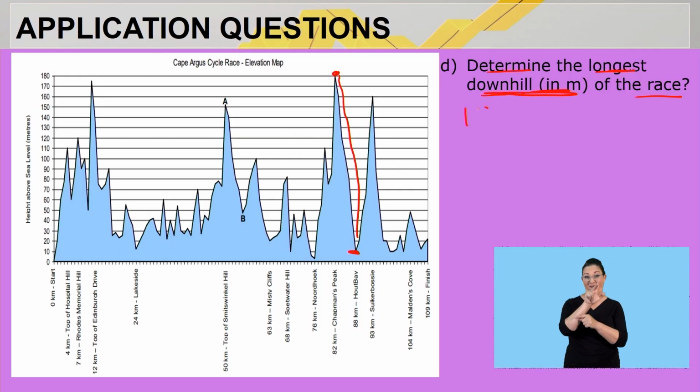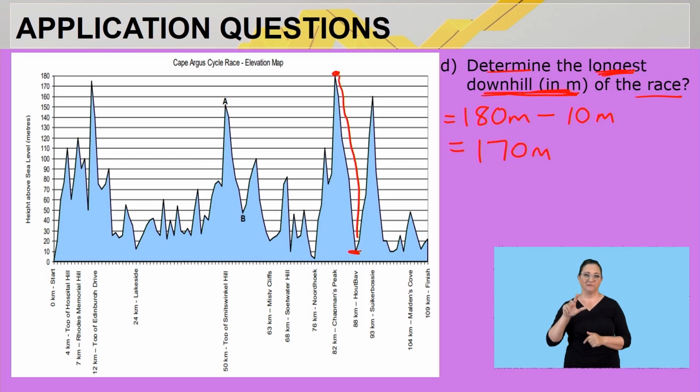At 180 meters. So it will go all the way down to, if I go to my left-hand side, approximately 10 meters above sea level. So this downhill here, the longest downhill in meters, is 170 meters.